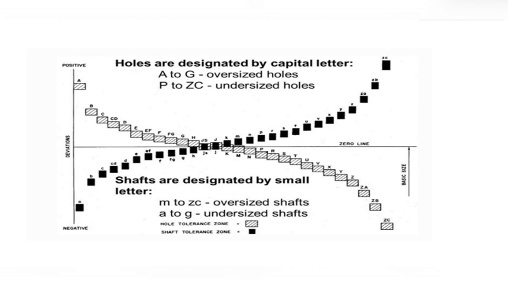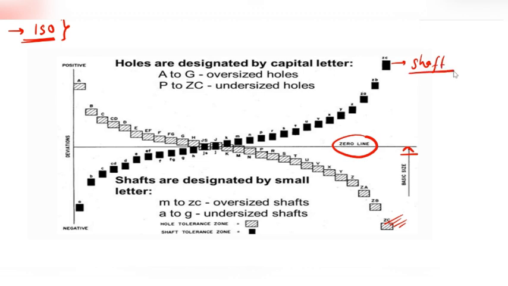So there are different types of system for defining the tolerance zone, and the International Organization for Standardization, for any basic size, if this is the basic size, then there are possibilities of 28 different sizes of hole. So these are the holes and these are the shafts.